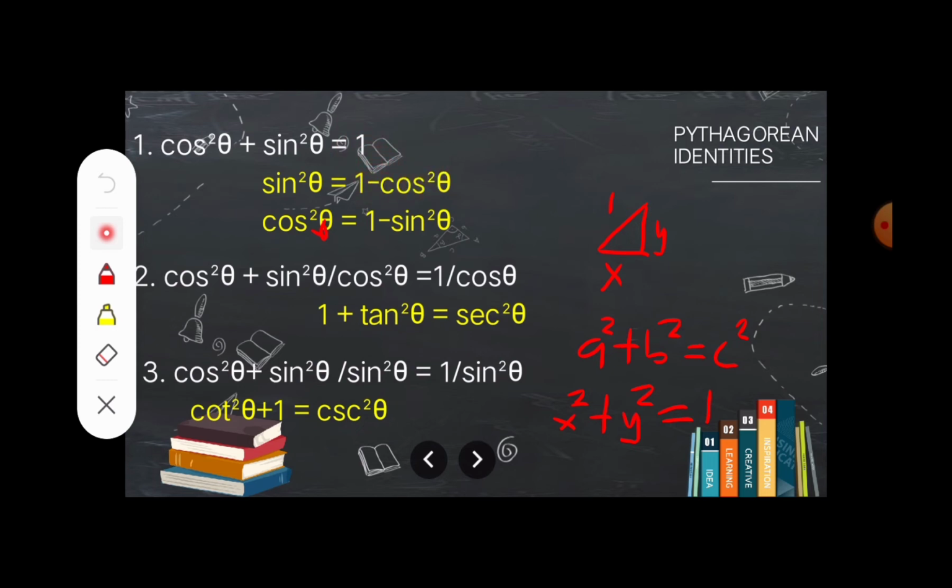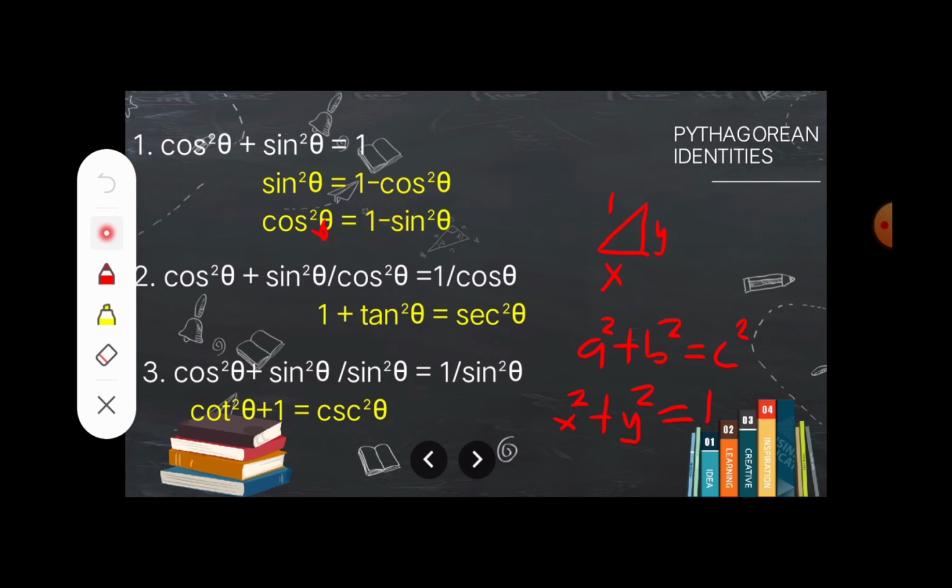Next, if we want to get the value of cosine squared theta, move sine squared theta to the right. So cosine squared theta is equal to 1 minus sine squared theta.